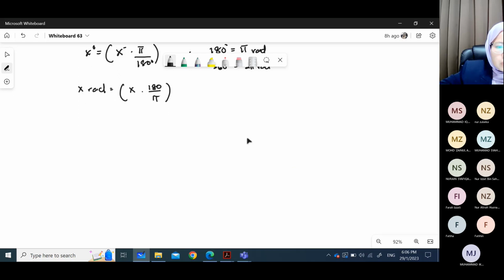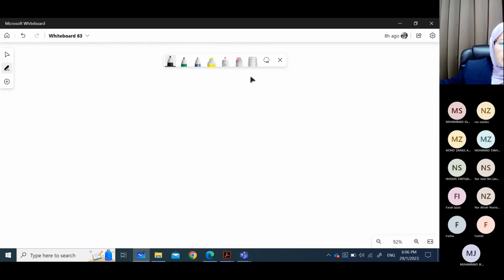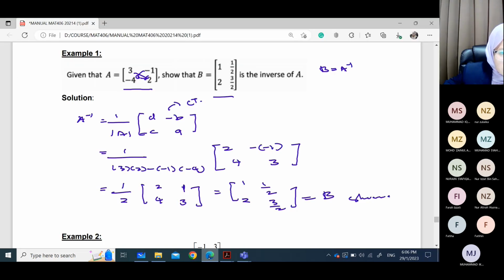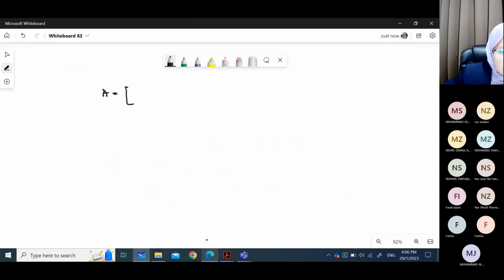Okay. Right. Katakan kita ada A, so ini A kita. So matrix A is 3, negative 1, negative 4, and 2. Alright, so find A inverse.